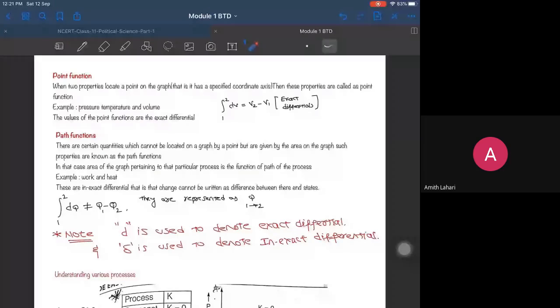Ashwita, present, sir. Chandan says he is having network problems. Okay, fine, considered present. You have a network issue, right? Where do you stay, Chandan? Are you able to hear me, Chandan?